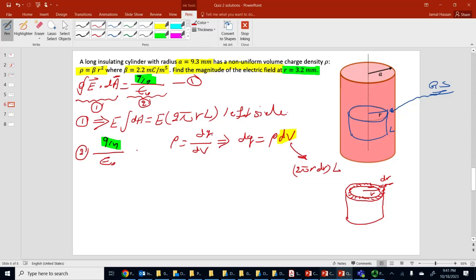Now, in order to find Q inside, you need to do integration. So Q in is equal to the integral of ρ dV.